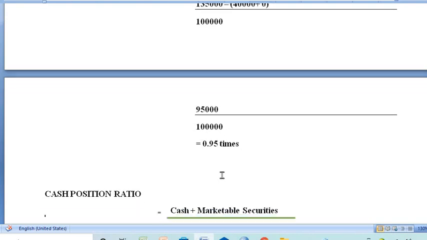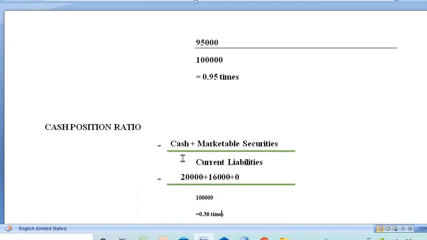The next solvency ratio I am going to compute is the cash position ratio. That is cash in hand plus cash at bank plus marketable security, divided by current liability. In this problem they are given cash in hand and cash at bank, and marketable security is not given in the question.